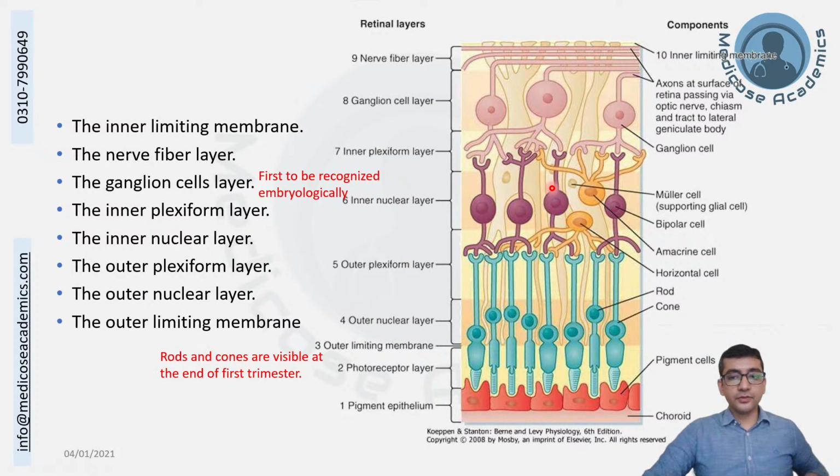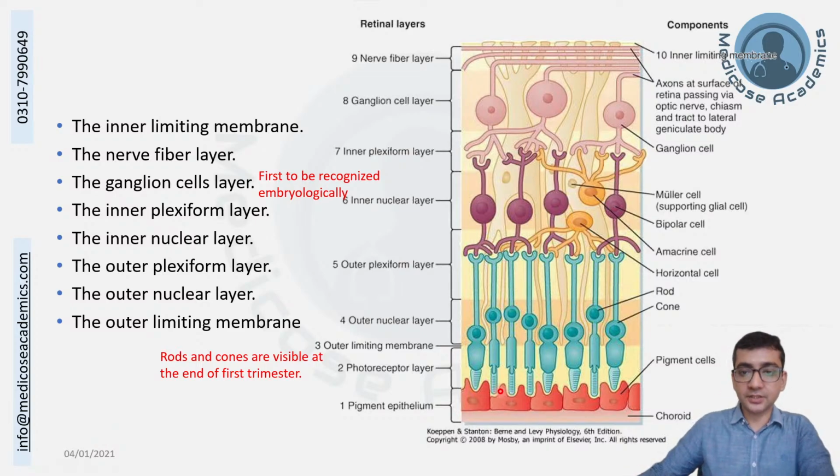Talking about the layers of the retina, if we look from the deep to the surface, the layers are usually numbered. There is a pigmented layer of epithelium.